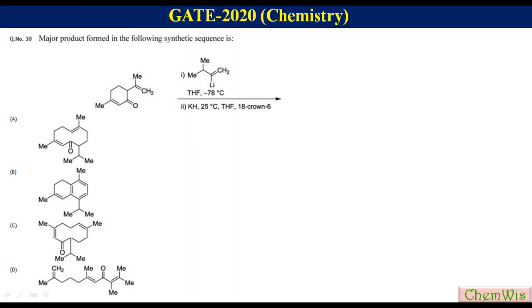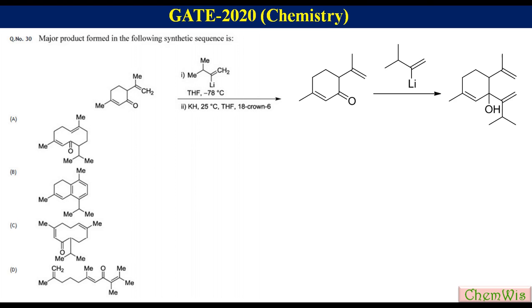Question number 30. In this, we have to find the structure of major product obtained from the given reaction sequences. This alpha beta unsaturated ketone undergoes addition reaction at carbonyl group with vinyl lithium to produce this alcohol.